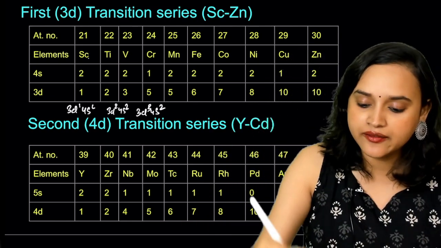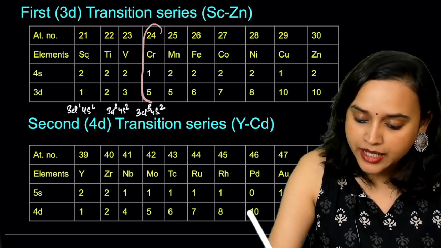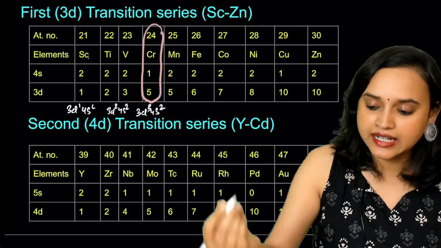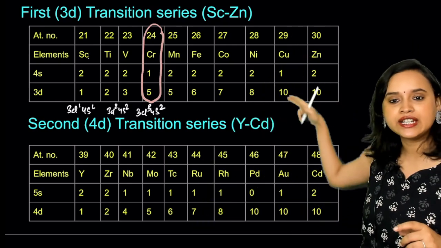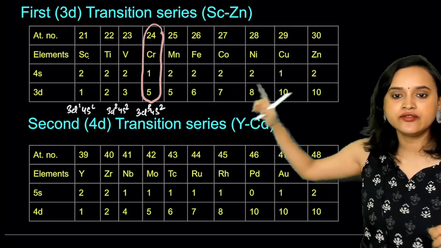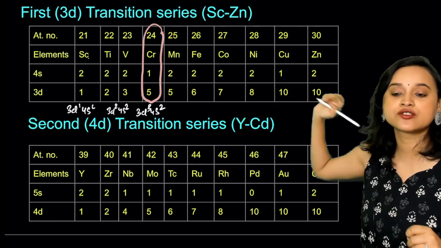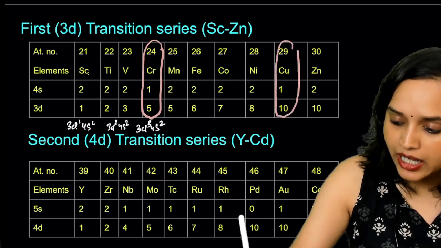This is important, everybody. Chromium has 3d5, 4s1. This is an exceptional electronic configuration. If you look carefully, you will also find that copper has an exceptional electronic configuration, where 3d has 10 electrons but 4s has only 1 electron. So marking this as well.